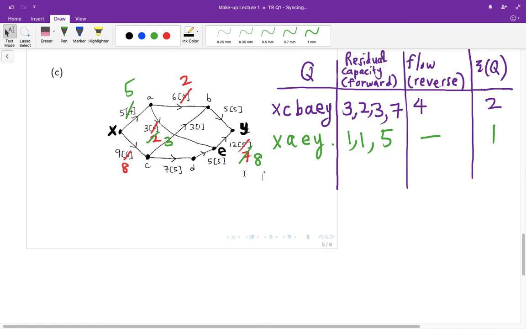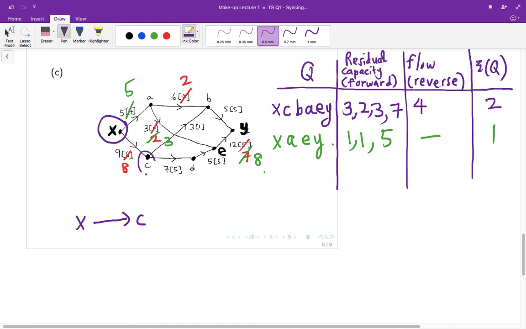Well, if there's such a path, then it must move from X to Y. You see, the arc from X to A is already saturated. So let us see if we can move from X to Y via an unsaturated path. From X, the only place to go is C, because that is the arc which is not yet saturated.